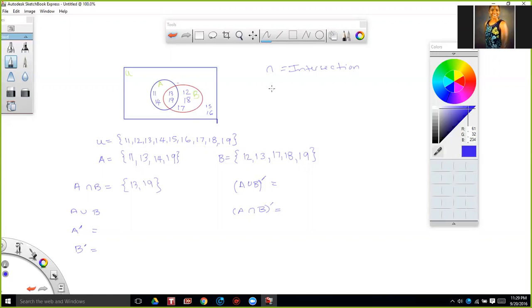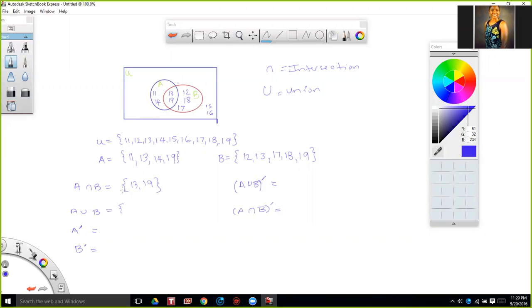Now this U symbol is the union. Everything that's part of A and part of B. So the union of A and B would be everybody excluding what's outside.